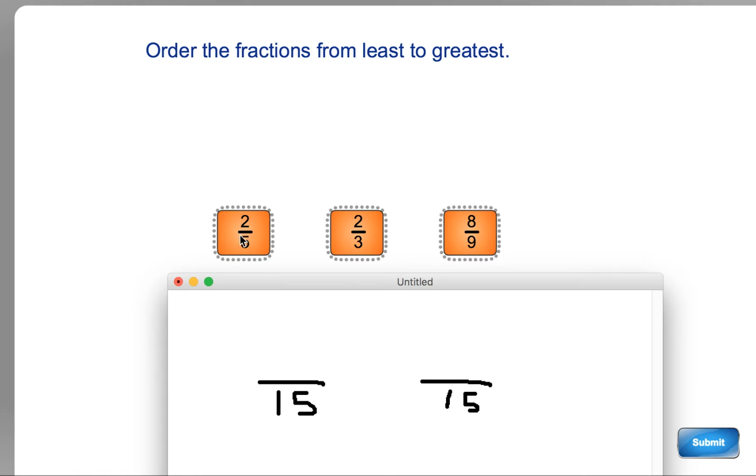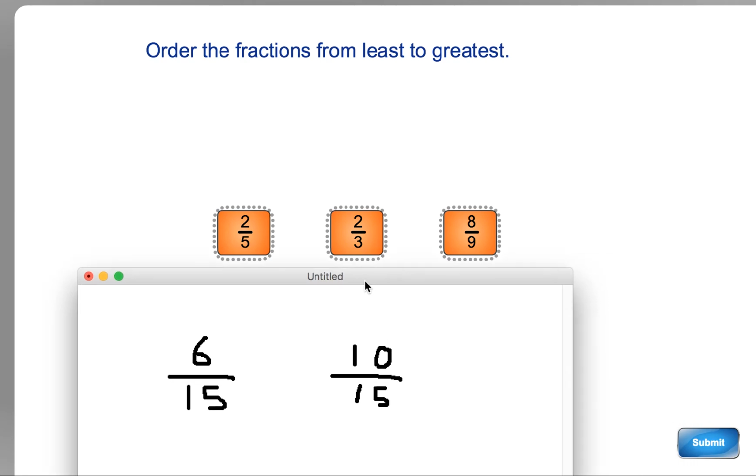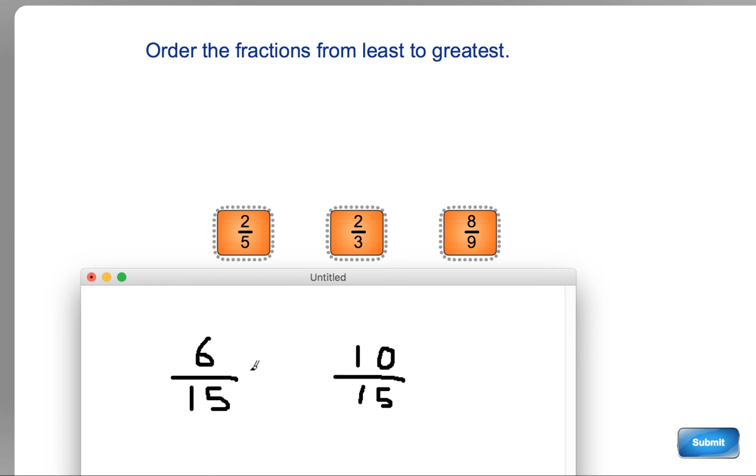To turn 5 into 15, we timesed it by 3, so we've got to times 2 by 3 as well. 2 3s are 6. And to turn 3 into 15, we timesed it by 5, so we've got to times 2 by 5, which goes up to 10. We now have two equivalent fractions which we can clearly see which is bigger.